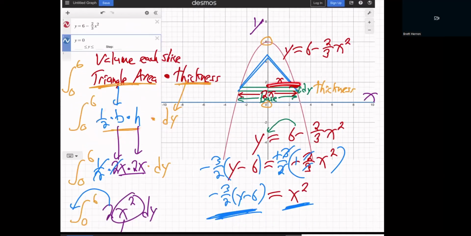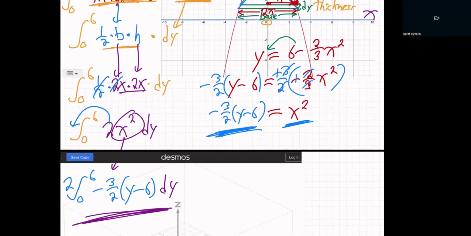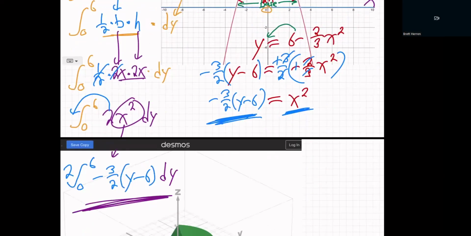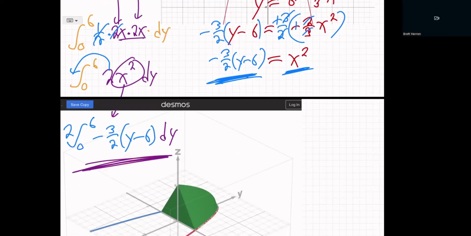We found out x is half the base. The base is 2x. So the height is also 2x. Got x squared. Then we had to turn that into y. We took the x squared in the equation for the parabola, solved for it, got it, plugged it in. And there we go. They wrote it a little differently, but it's the same thing.